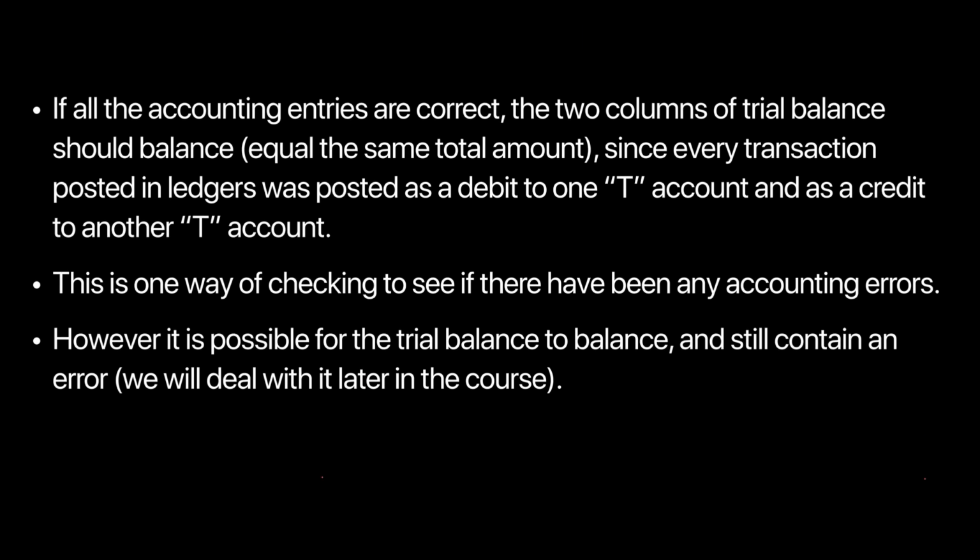The balancing of the trial balance does not necessarily imply that there are no errors. We will obviously see this later in the topic errors and suspense videos, that your trial balance can still balance and there can be errors. However, we will try to contain our errors by preparing this trial balance, and you will use this trial balance to draw your financial statement.